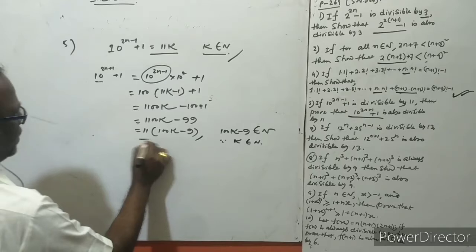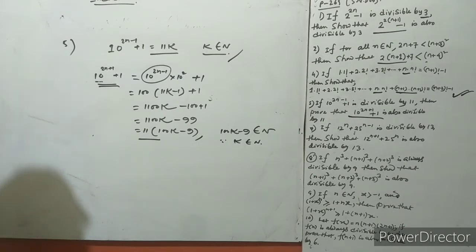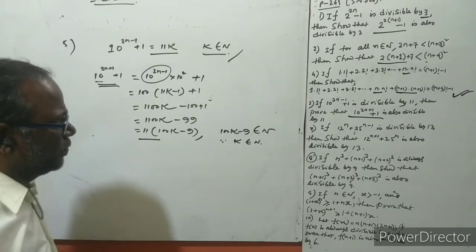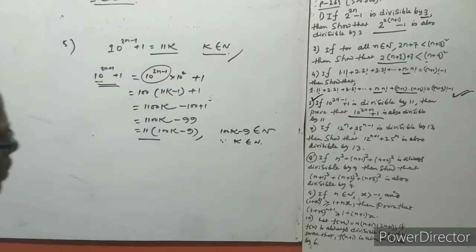So we can say easily this expression 10 to the power 2n plus 1, plus 1 is also divisible by 11. This language should be written here. Now question 5 is complete.